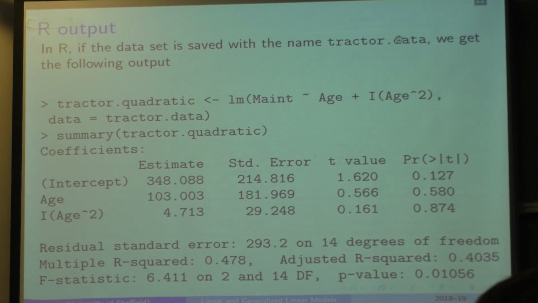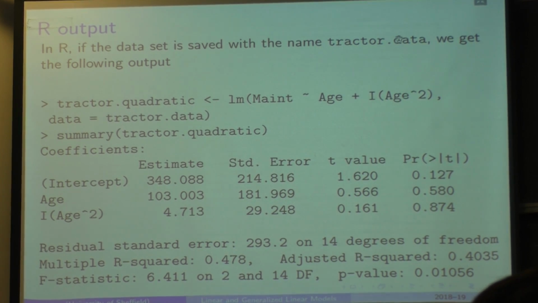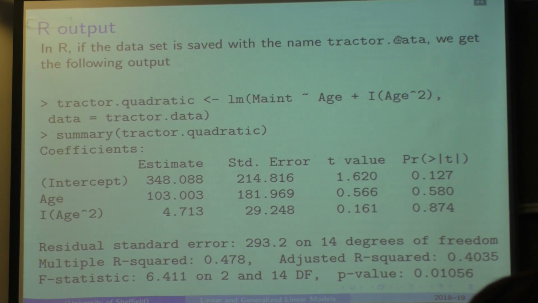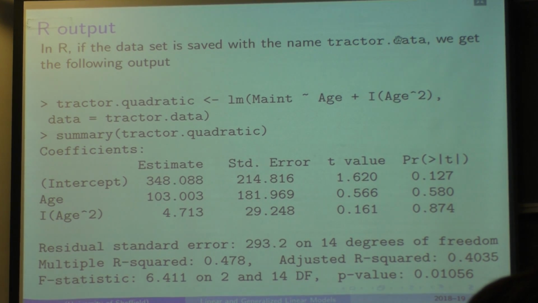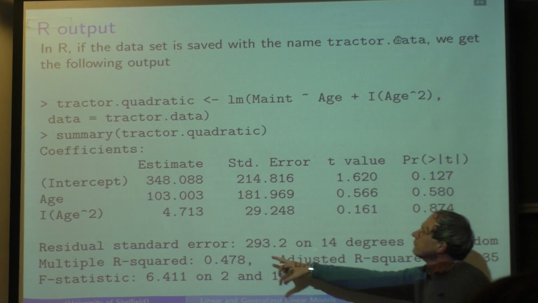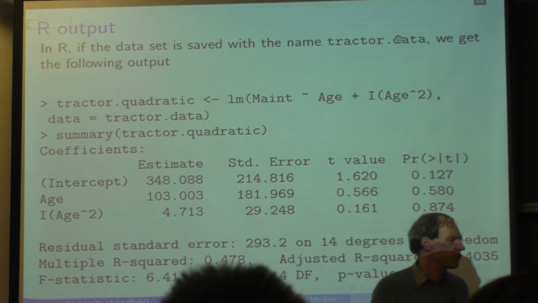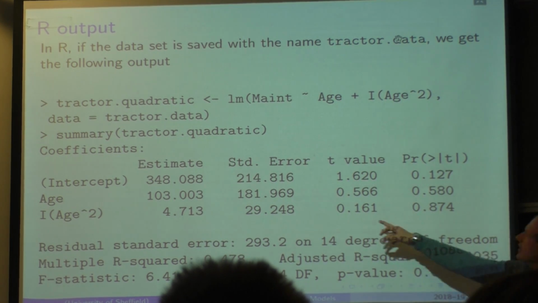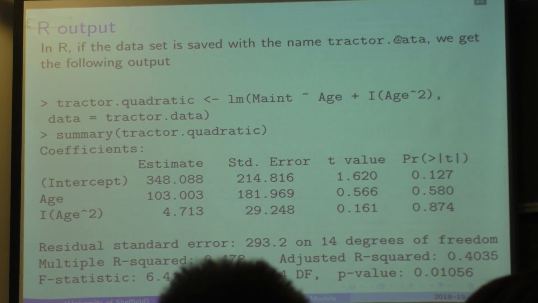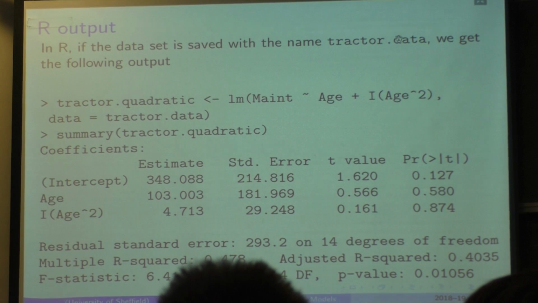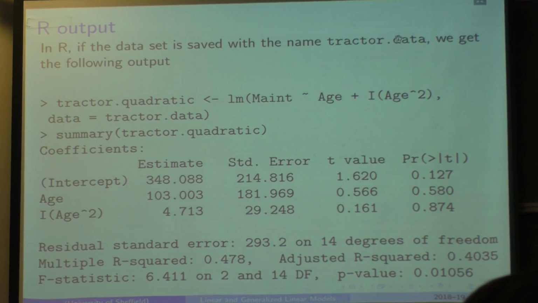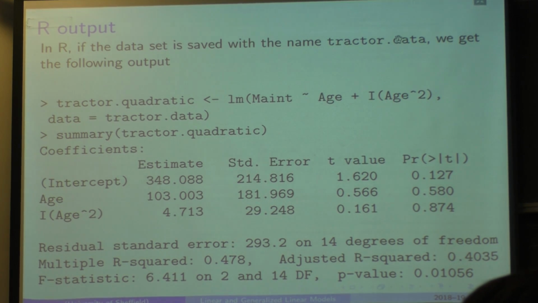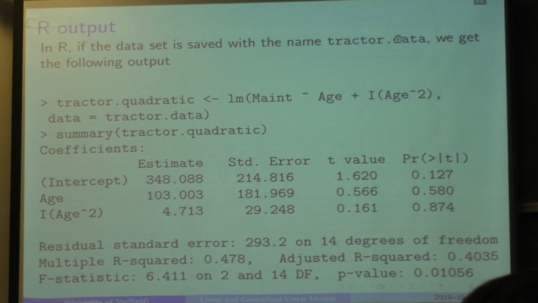Okay? So, for example, for the intercept, let's say we want to work out a confidence interval for the intercept. So here's the estimate, 348.088. And here is the standard error. So the standard error here corresponds to this quantity, sigma hat root g_ii, which we keep seeing in the calculations that we did here.